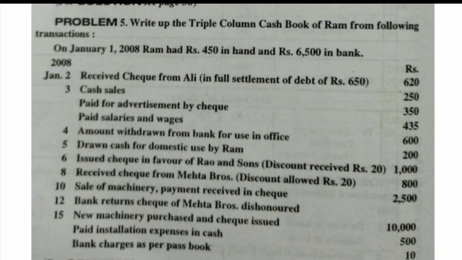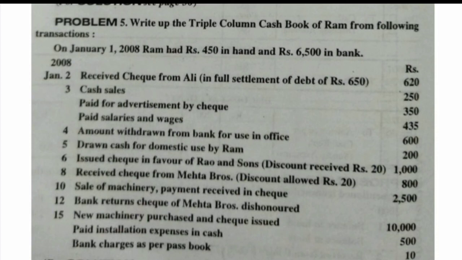We will not take those expenses to the P&L account. We will add those expenses to the machinery account only. So here the installation expenses we are incurring on the machinery in the initial stage itself will be debited to the machinery account only.